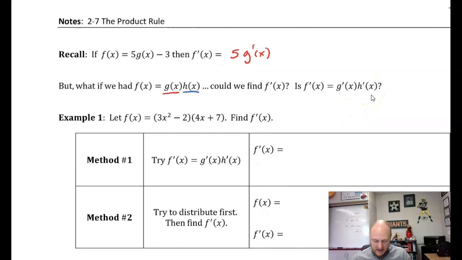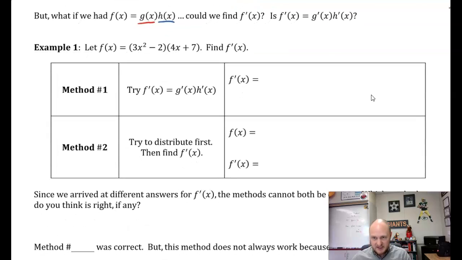Well, let's look at a basic function and see if this in fact works. So here I have f of x, and f of x is equal to 3x squared minus 2 times the second function, which is 4x plus 7, and we're asked to find f prime of x.